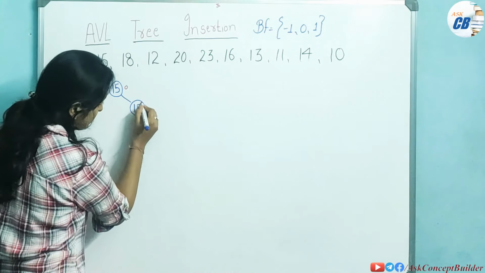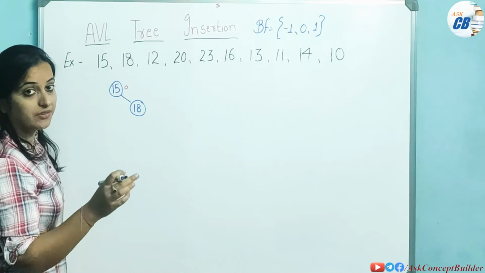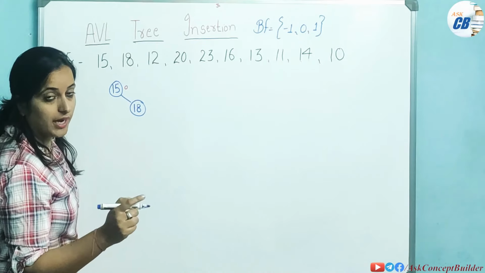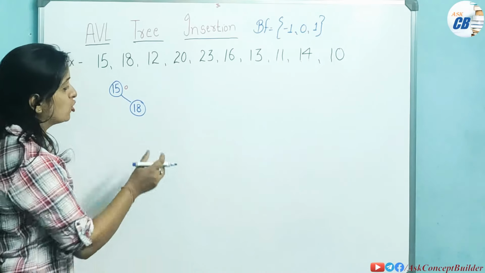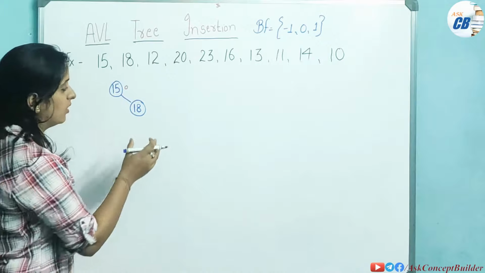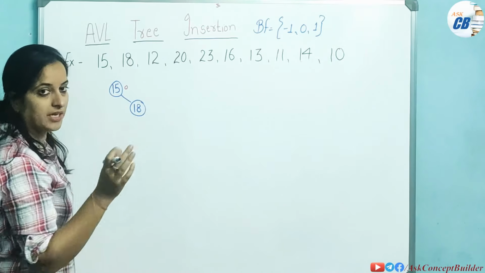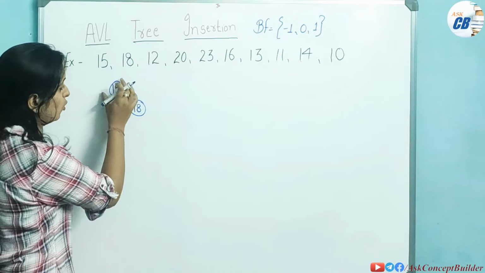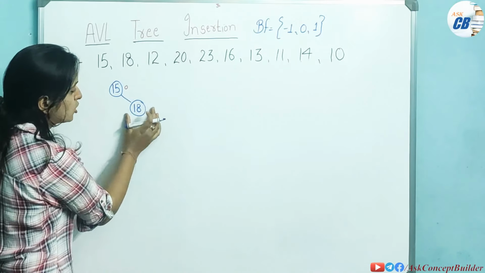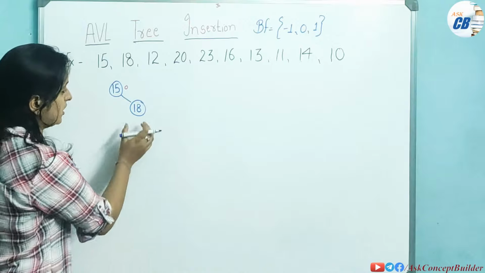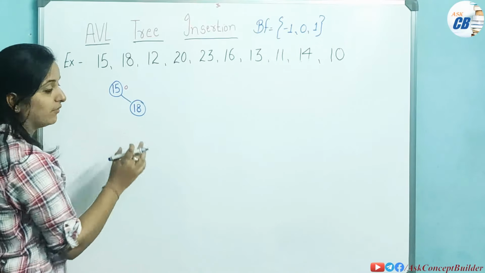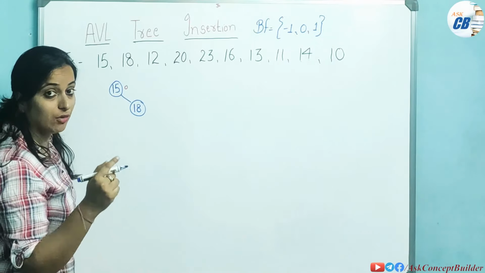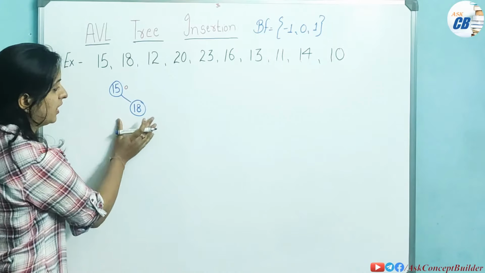You already know that an AVL tree is a binary search tree, a height balanced binary search tree. So what we followed in a binary search tree, we follow here: the left subtree is smaller than the root node, and the root node is smaller than the right subtree. Now 18 has come, so again we find the balance factor for each node to check whether our tree is balanced.